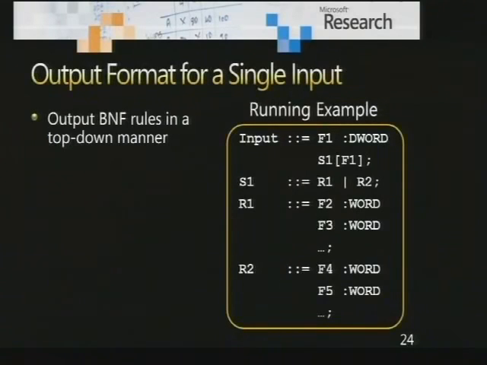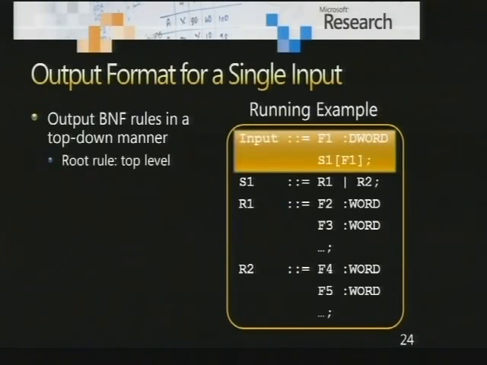At the end, after we analyze each single input, we will output the format as BNF rules in a top-down manner. For example, we first start with the root rule at the top level, which tells us what the input consists of. In the running example, the first field specifies the number of records, followed by a record sequence.